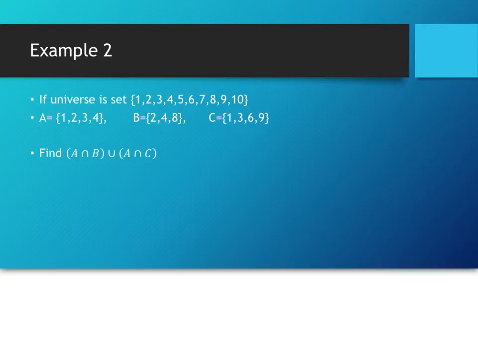All right, so if I do A intersect B, that's a 2 and a 4. And I'm going to union that with A intersect C. A intersect C is 1 and 3.